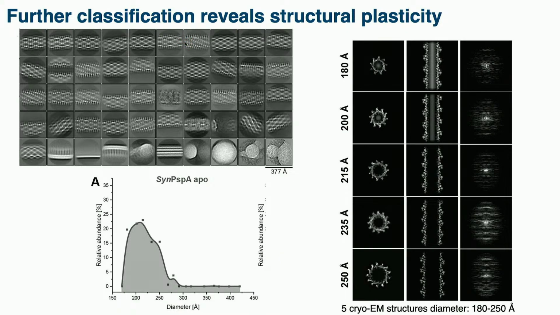We can now use high throughput methods to generate lots of data, create lots of classification, and see different diameters of these assemblies and resolve structures for each. This is an example of 5 structures from a very similar data set that we had obtained earlier, where we just focused on the one assembly. And now we can try to understand how they correlate.